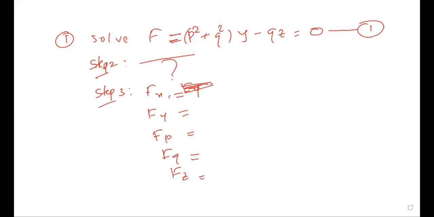Can you answer me? If you have one function, you know how to find f with respect to x. There's no x, so you have to have 0.